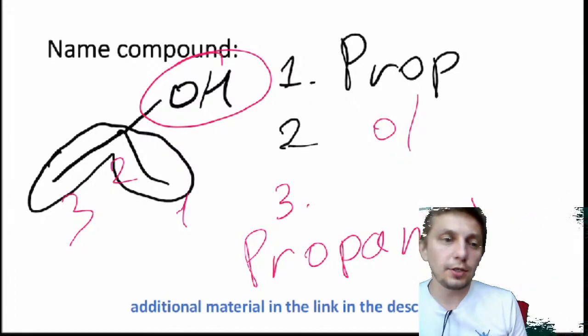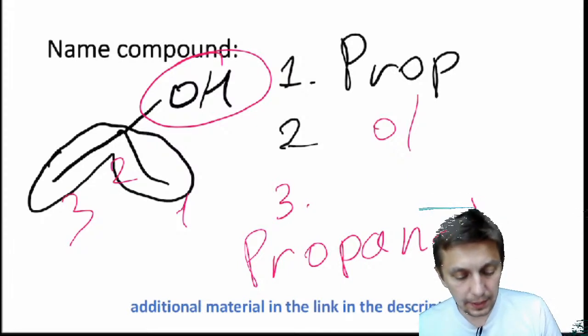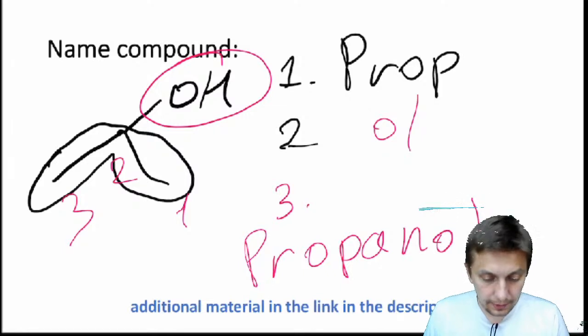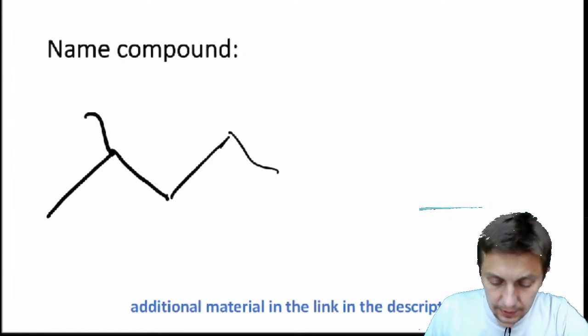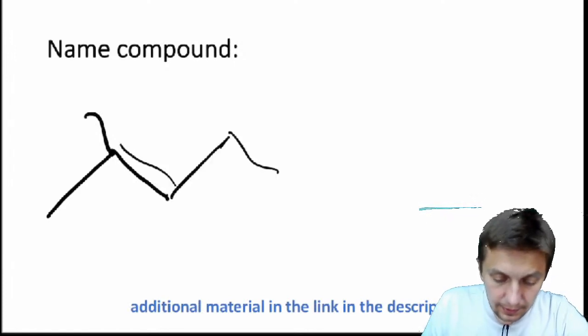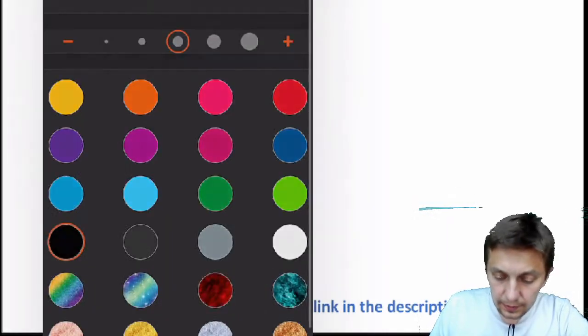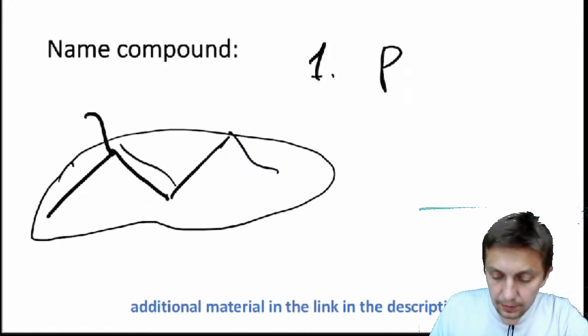So if we generalize, all organic compound names follow the same order. For example, we have alkenes. Step 1, find the longest chain, 5 atoms, it means pent.